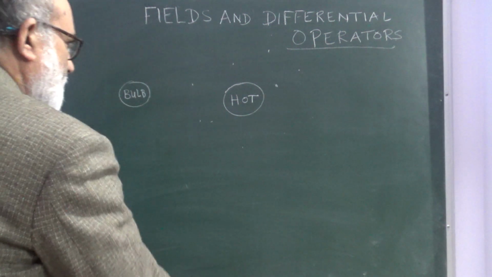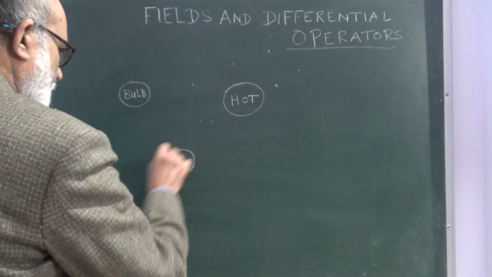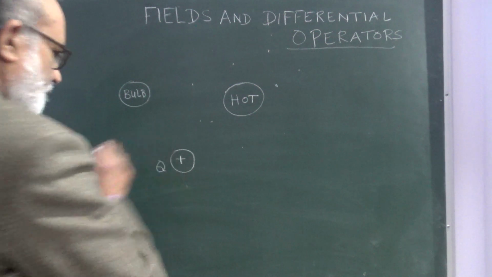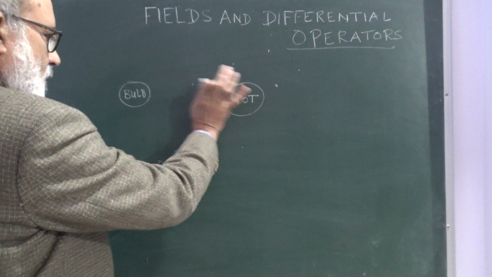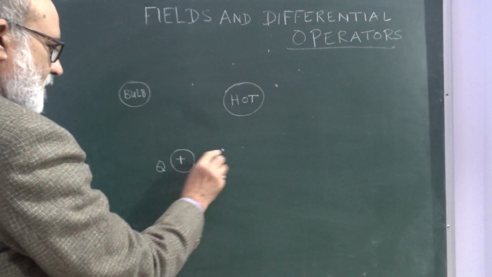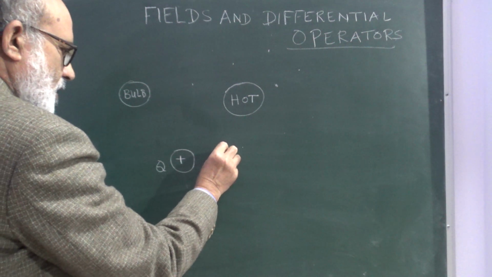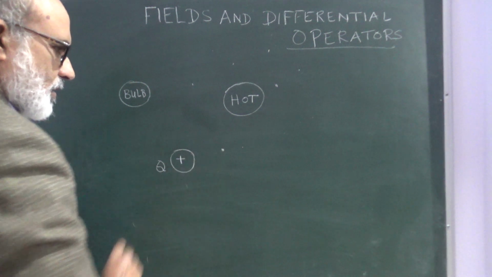Now in the next example, suppose you have a charged body here, positive charge Q. Now if you bring a unit positive charge here, you will experience a force on this unit positive charge, which is called electric field.